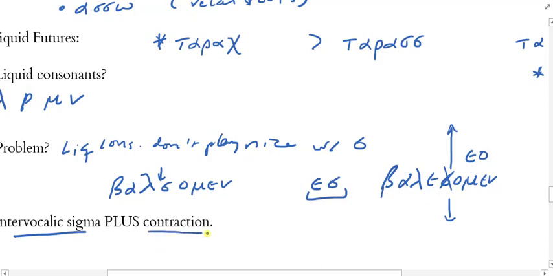And what do you think will happen when that occurs? We get contraction, right? And remember your contractions? Epsilon omicron. What does that produce? Omicron upsilon, exactly. So I'm going to be left with a form like balumen, and I'm going to have a circumflex here, reflecting that long diphthong, the loss of the sigma here.